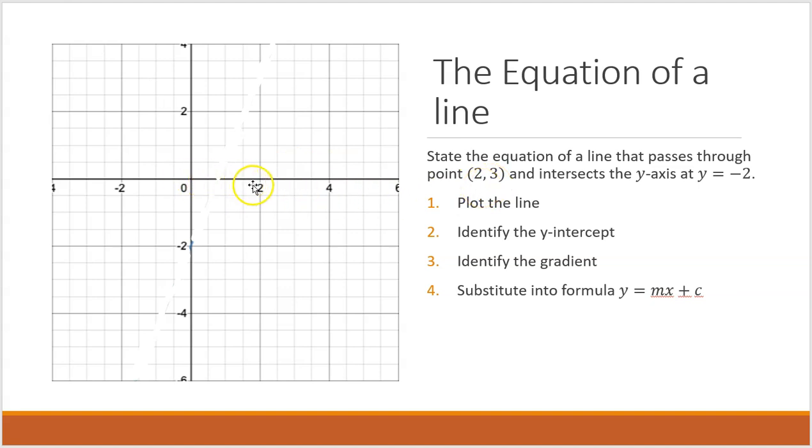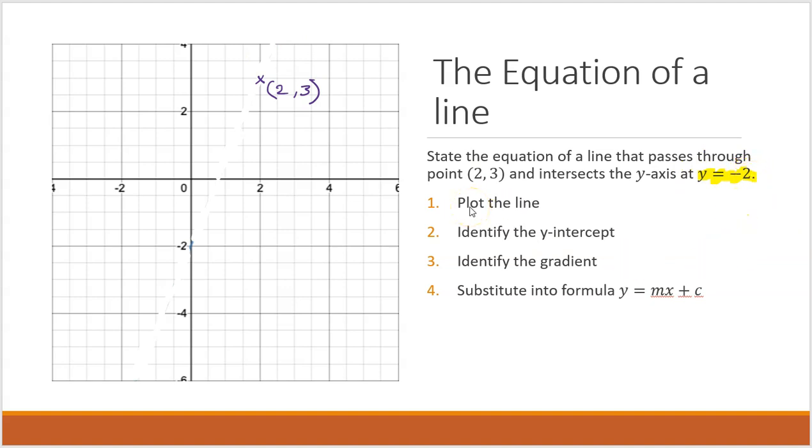So 2 on the x-axis is here, 3 on the y-axis is up here. So marking the point, it's going to be (2, 3). And it intersects the y-axis at y equals -2.